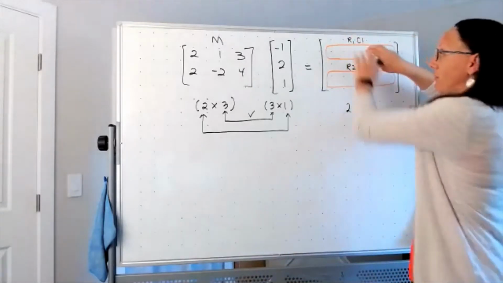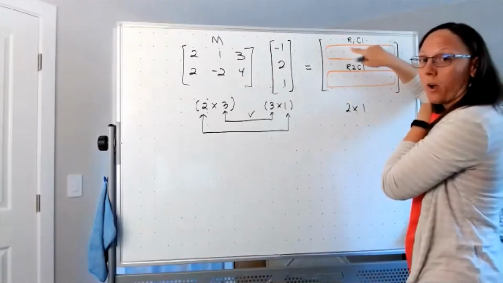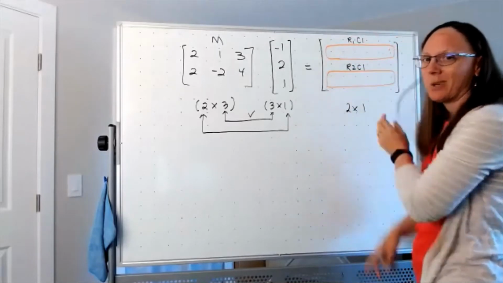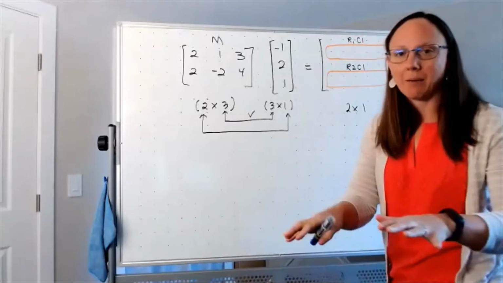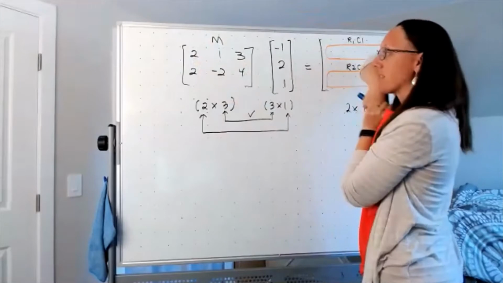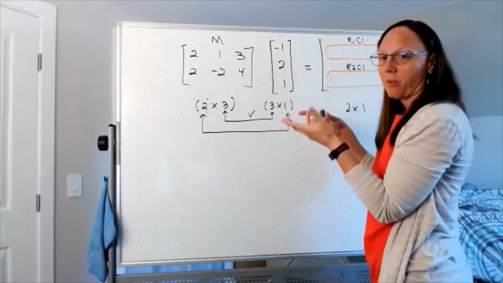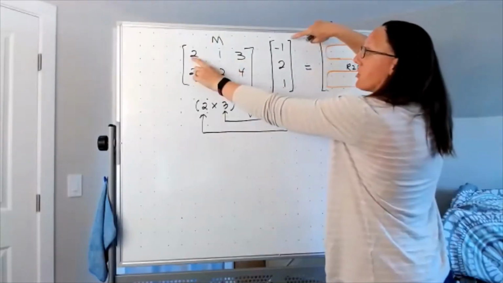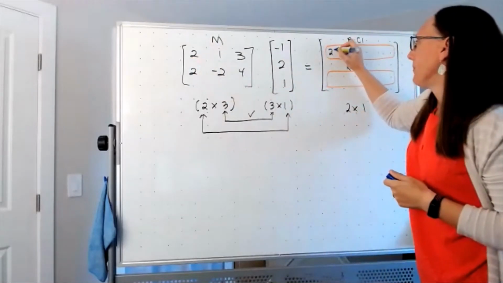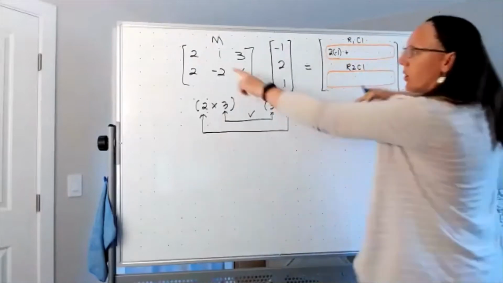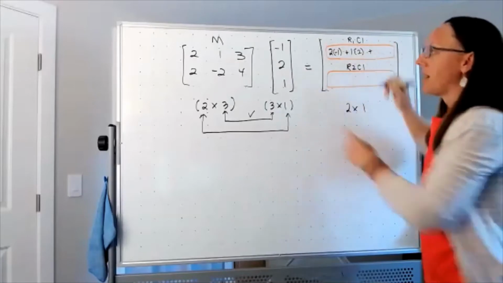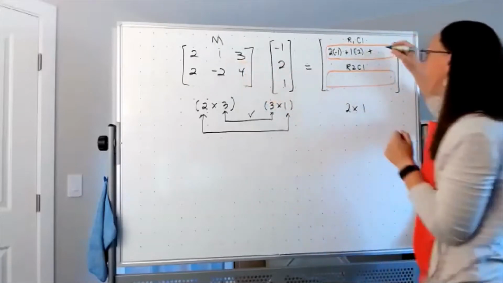So for this top piece, I need row 1 from the first matrix times column 1 from the second matrix. Well, the second matrix only has 1 column. I kept it easy. So if I take row 1 times this column, I'm going to go element by element and multiply. So I'd have 2 times -1 plus 1 times 2 plus 3 times 1.